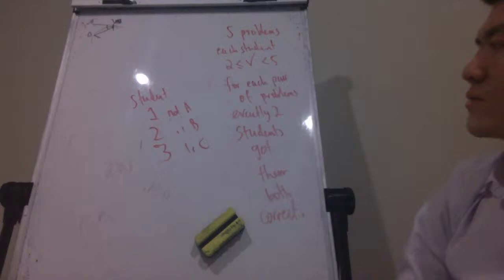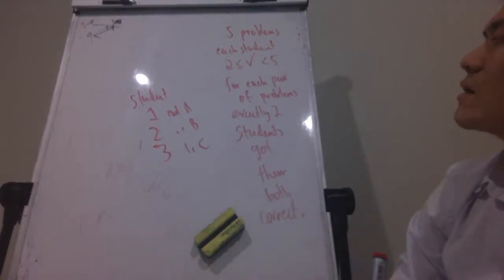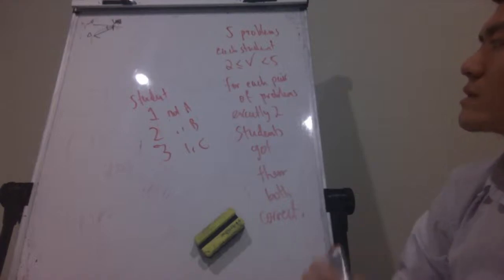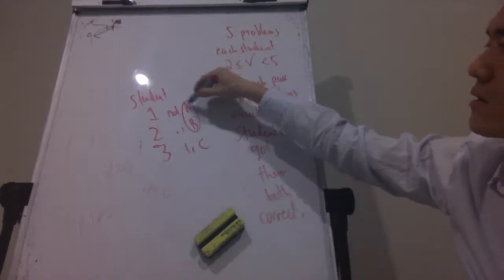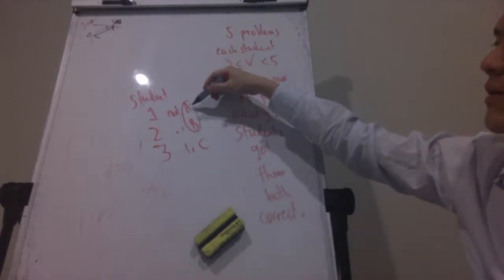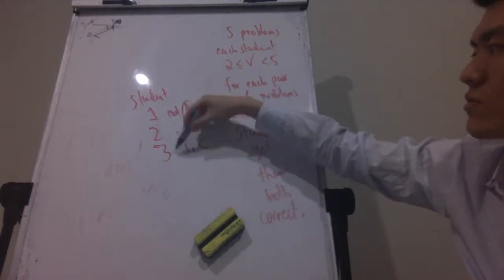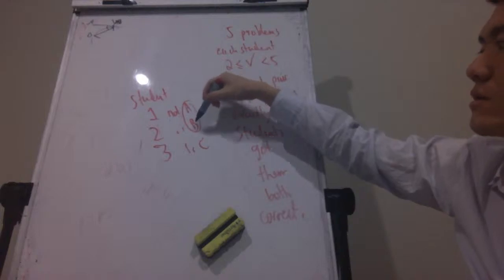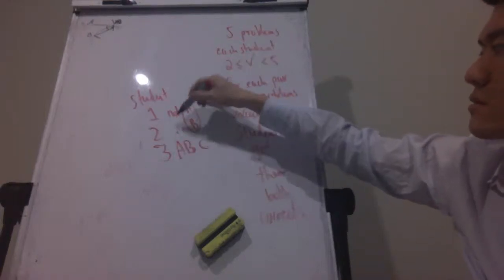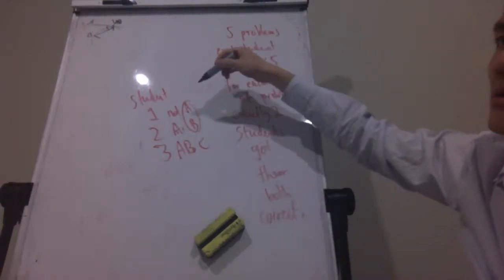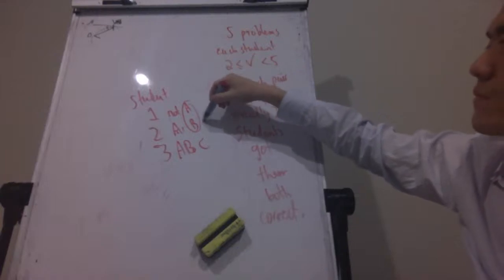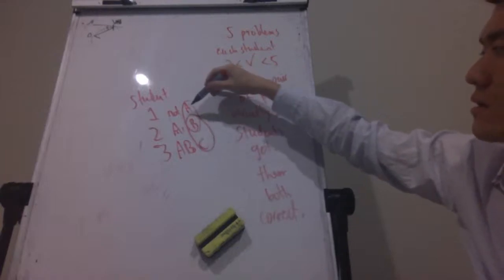I'm just saying they have to have missed one of them. So let's say like AB, right? For that pair not to have been missed, then 2 and 3 must have got A and B, yeah. For BC, yeah.